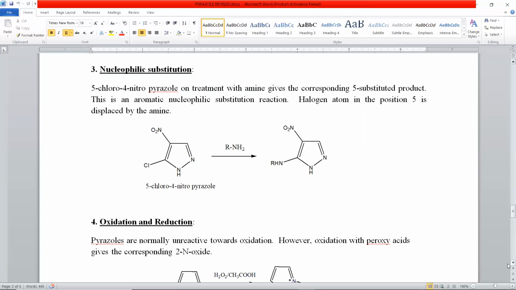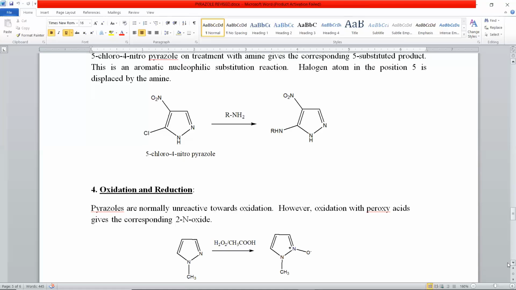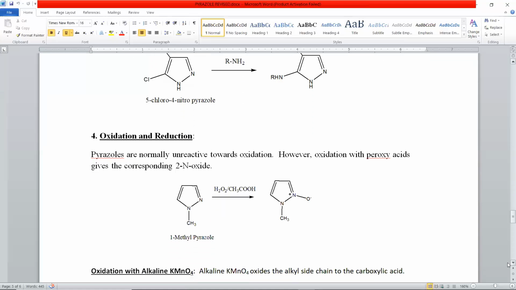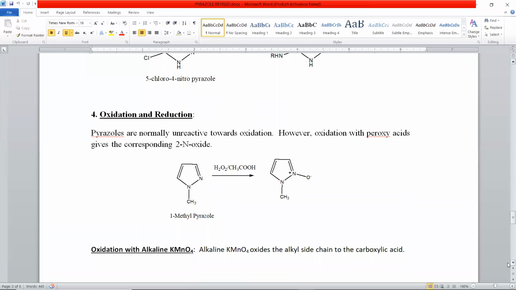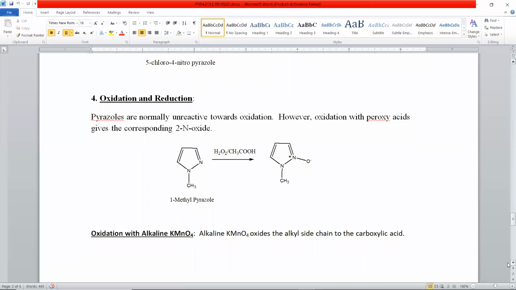So next, coming to some oxidation and reduction reactions. Pyrazole ring systems are normally unreactive towards oxidations. However, oxidation with peroxy acids gives the corresponding N oxide. So when 1-methyl pyrazole is subjected to treatment with hydrogen peroxide, it forms a 2N oxide. Then oxidation with alkaline KMnO4.